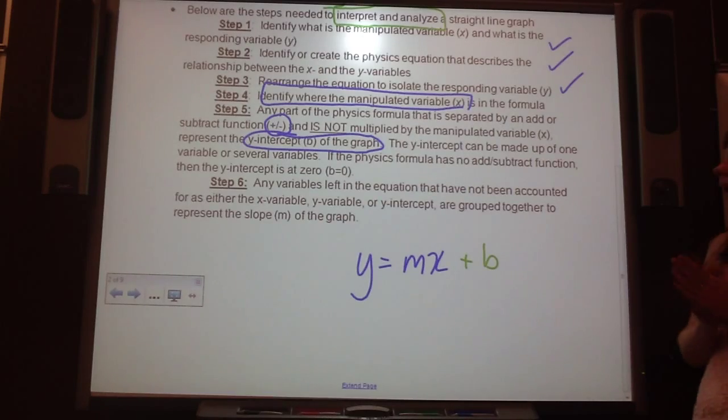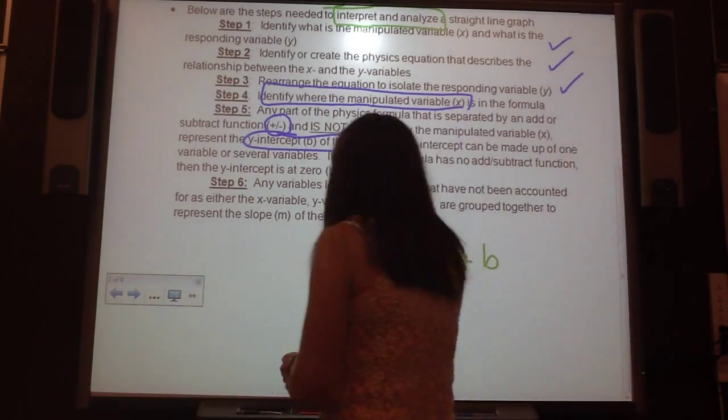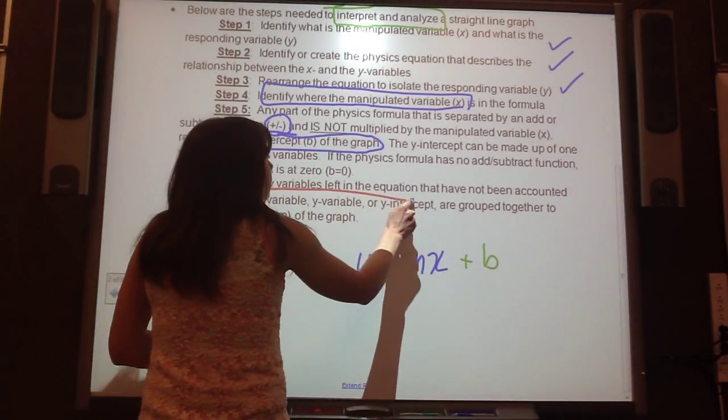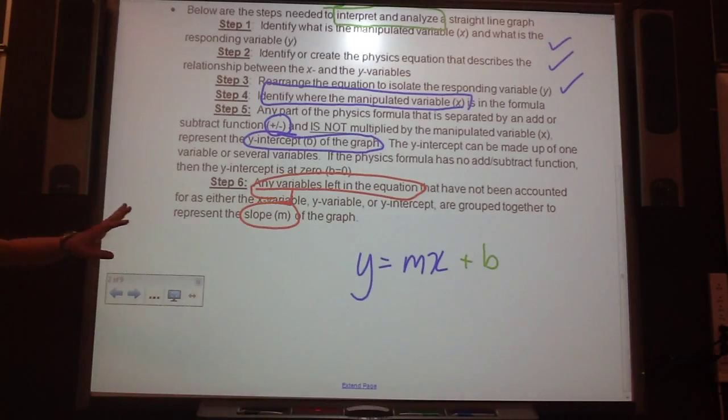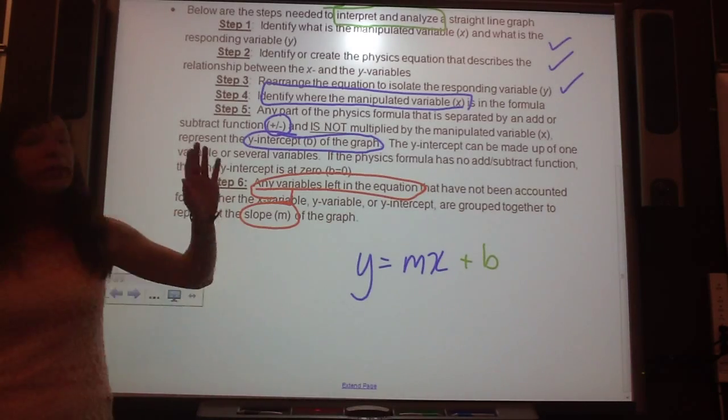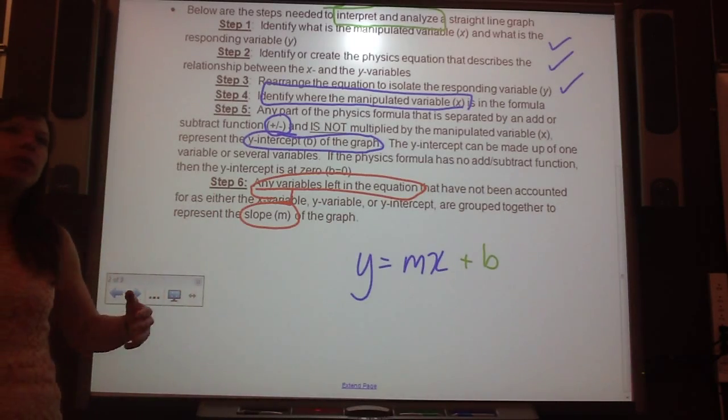Any variables left in the equation that have not been accounted for as either x or y or the y-intercept are grouped together to represent the slope. So any variables left are the slope, okay? So anything else that's not your x or your y-intercept is your slope.